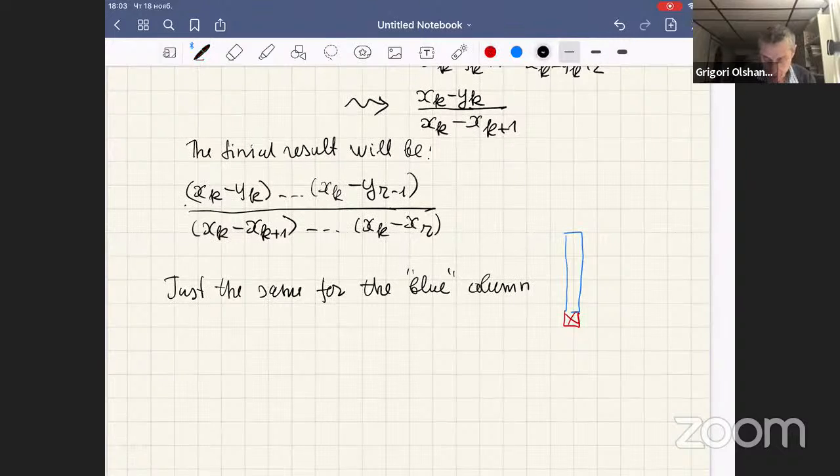The difference is that here we get positive factors.